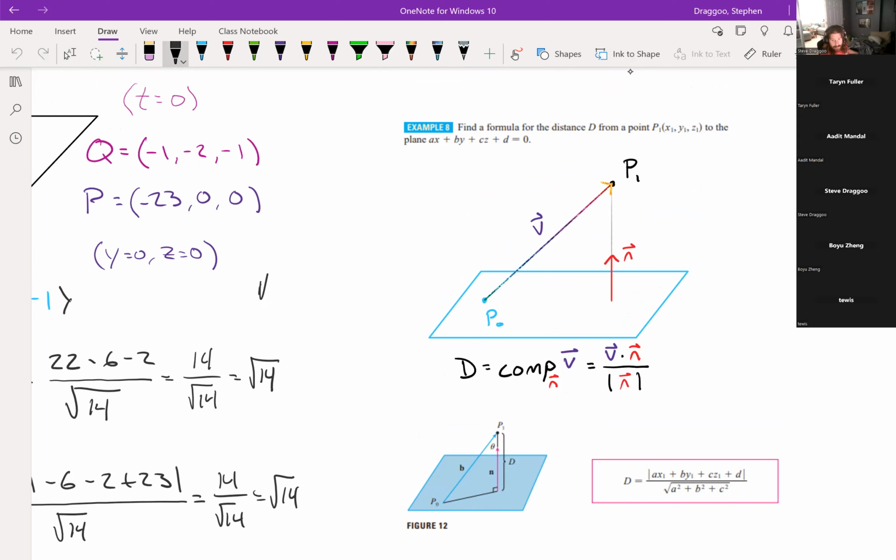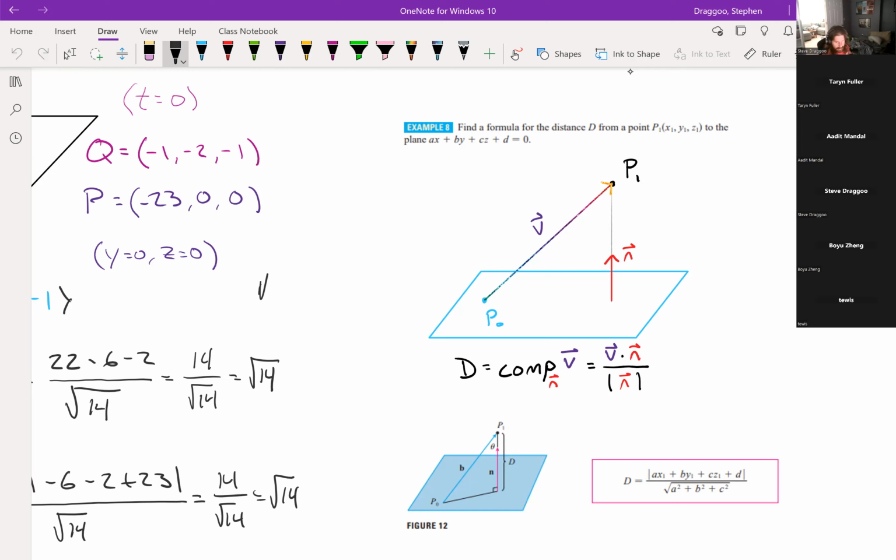Okay, so that distance d again, we can take what's very close to the equation of our plane. But again, it's got to be in a specific form. It must be in general form first, which means everything's over on one side and then it's equal to 0. Oftentimes we like writing it equal to d, but d actually needs to come over to the other side.